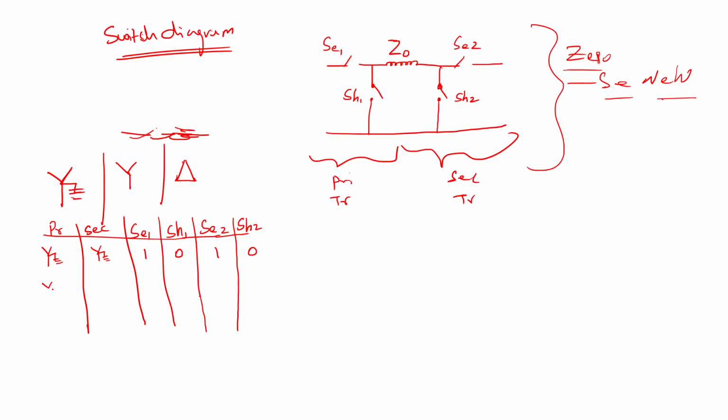Okay, so you are going to tell me the values. For example, primary side is star with grounded, secondary side is also star and grounded. Then SE1 will be closed, and Z0 will be connected to the closed path, and we get this from SH1 and SH2.